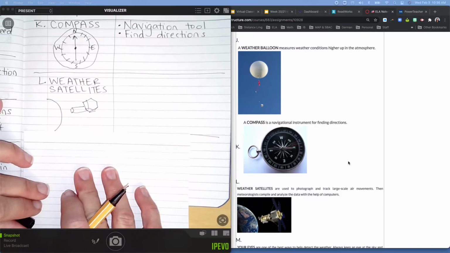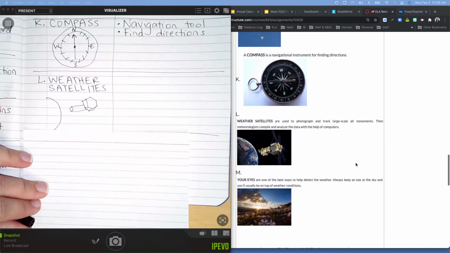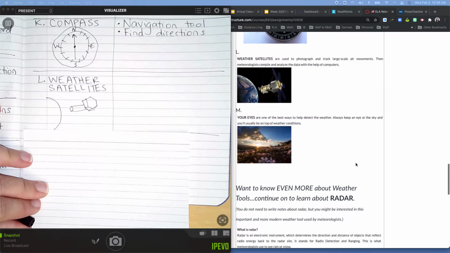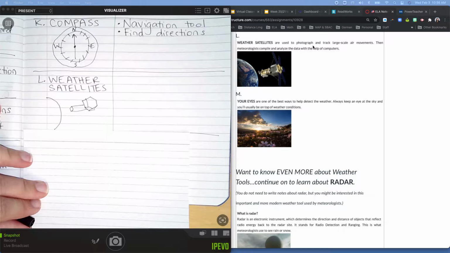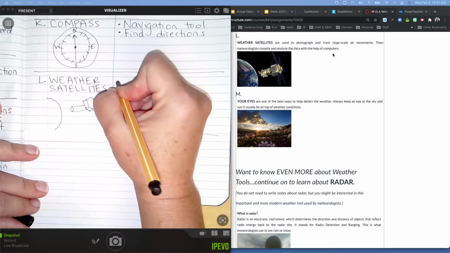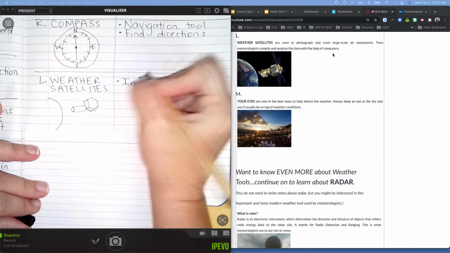Now, weather satellites, if we scroll up to letter L, weather satellites are used to photograph and track large-scale air movements. Then meteorologists compile and analyze the data with the help of computers. So weather satellites, I'm just going to put the obvious from the picture.